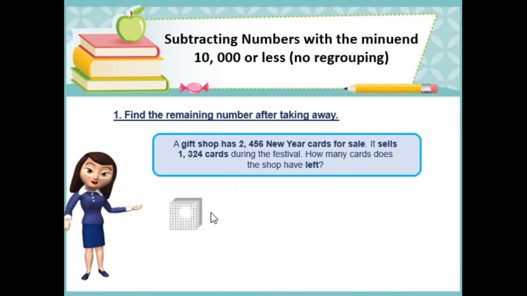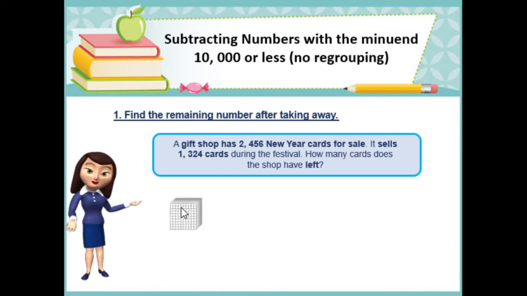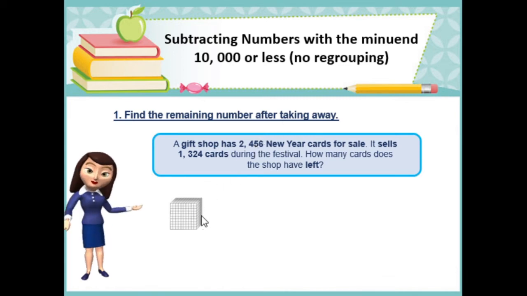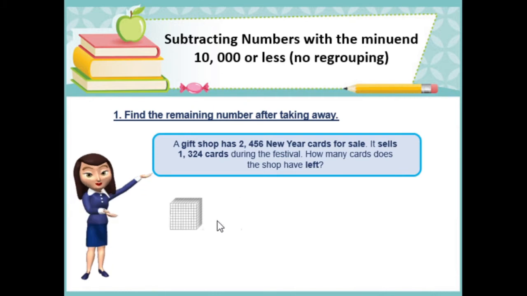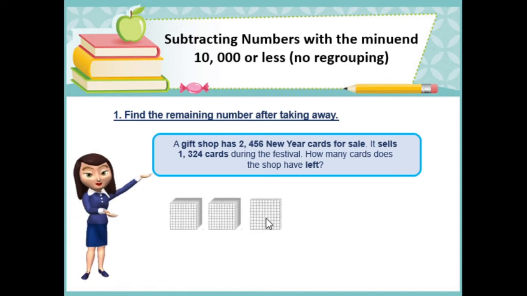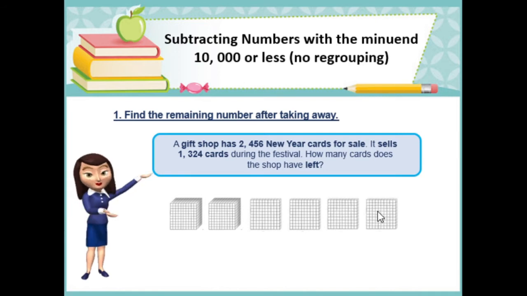Now let's use figures. Remember this? 1 whole cube is equal to 1,000, okay? So let's have 2,456 figures. So we have 1,000, 2,000. A flat figure is for 100. So we have 1, 2, 3, 400.